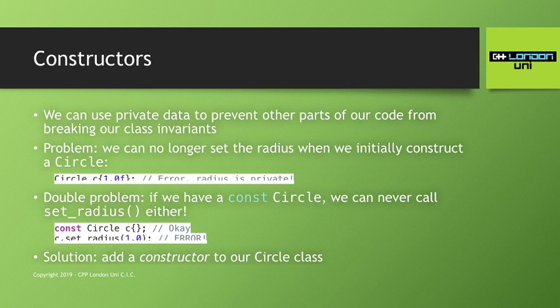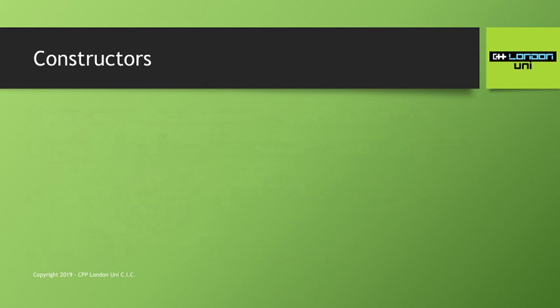Now, if you're familiar with a variety of other languages, Java, C#, Python, Swift, whatever, you're probably familiar with the notion of constructors, and they work broadly the same way in C++ as well. So if you feel like you already know this stuff, you probably do, and hopefully C++ will have no surprises for you. But for those who don't, let's talk about what constructors are.